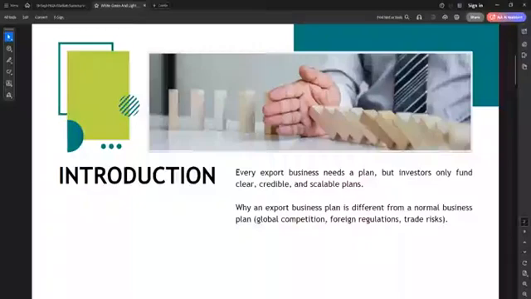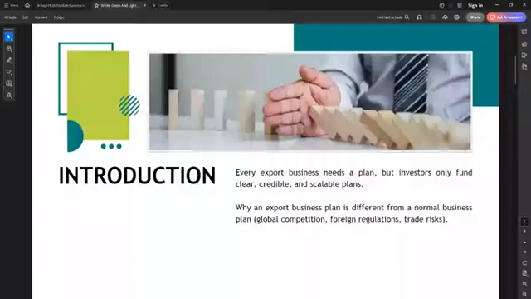But in the case of an export business plan, you are trying to create an export model for your product, maybe a manufactured product or a product that you are producing yourself. So you are creating a guide on how you can create a global market around that product. That's what creates the uniqueness of an export business plan.